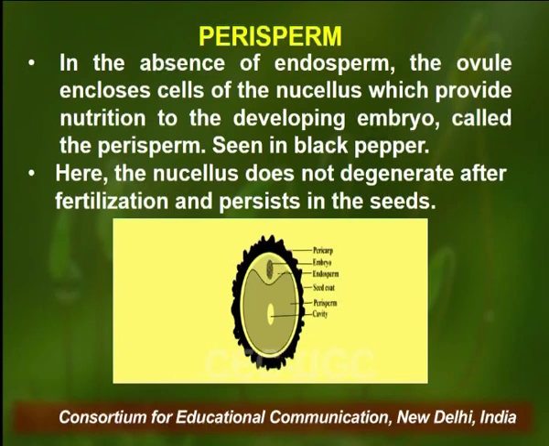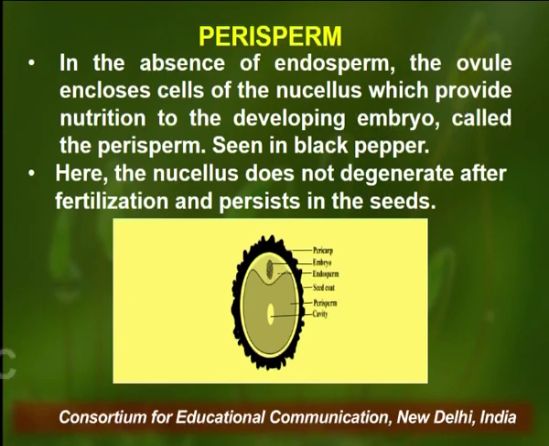In the absence of endosperm, the ovule encloses cells of the nucellus, and these cells of the nucellus will provide nutrition to the developing embryo. When the cells of the nucellus provide nutrition to the developing embryo, this structure is called the perisperm, which you can see here.